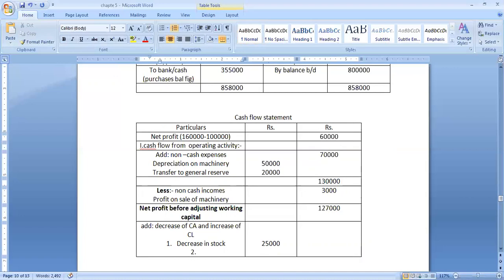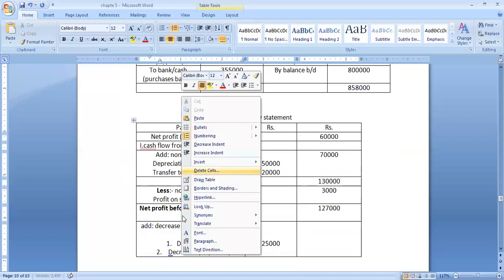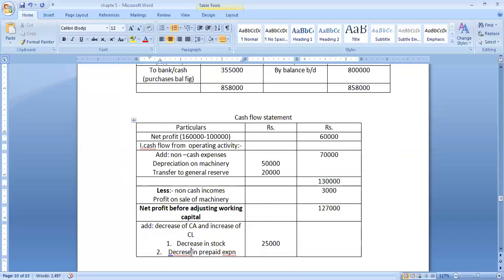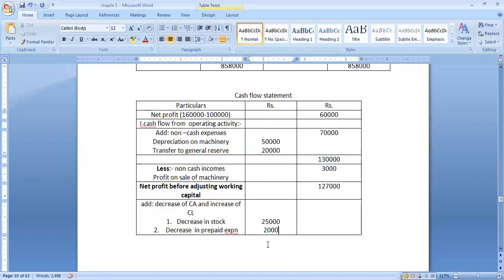There is also the second transaction, which is the decrease in prepaid expenses. So what is the value of the prepaid expenses decrease? It is 2000. So which has been reduced.